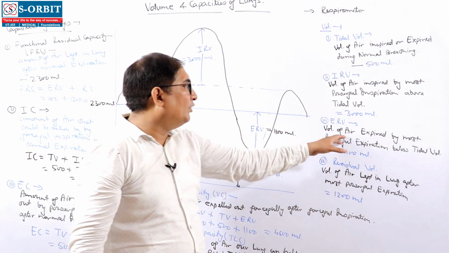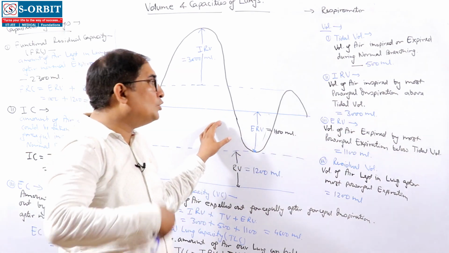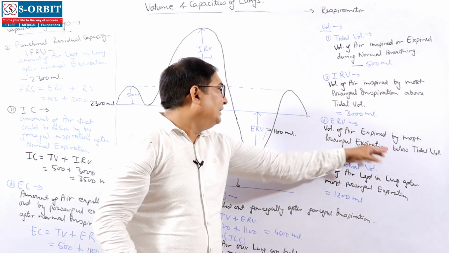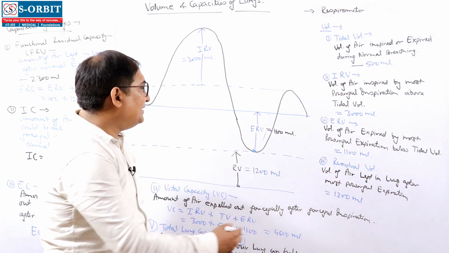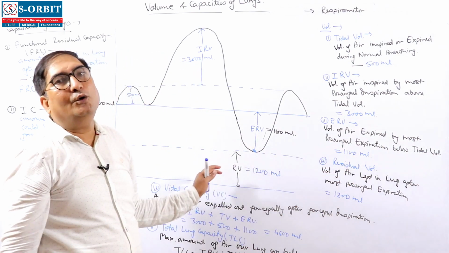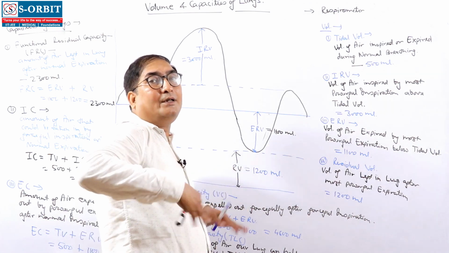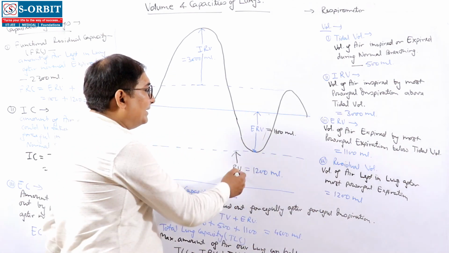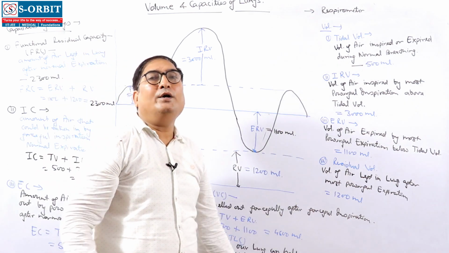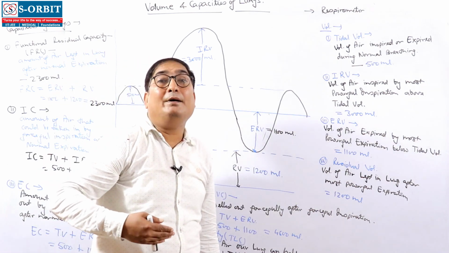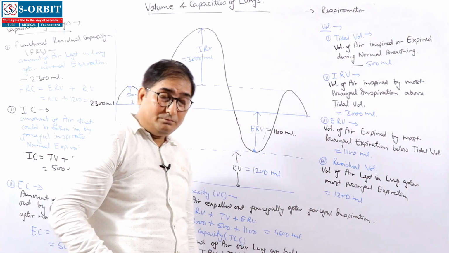Expiratory reserve volume is the volume of air expired by most powerful expiration below tidal volume, which comes out to be about 1100 ml. Next group is residual volume. It is the volume of air left in lung after most powerful expiration, which comes out to be about 1200 ml. And this residual volume could never be replaced, could never be expelled out.